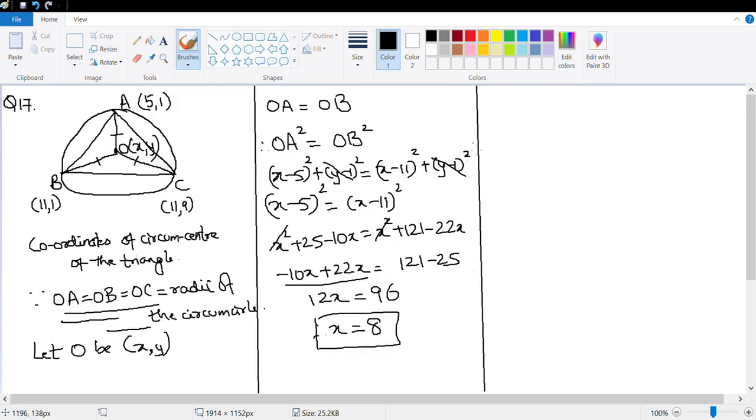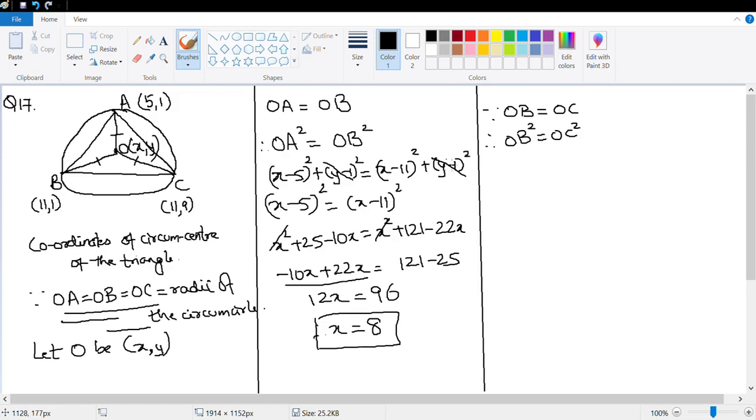Now let me try and equate OB and OC. Let's see if I am able to get some answer. Since OB is equal to OC, therefore OB square is equal to OC square. I have already figured out the value of x, so I can either replace x now or I can let x be.